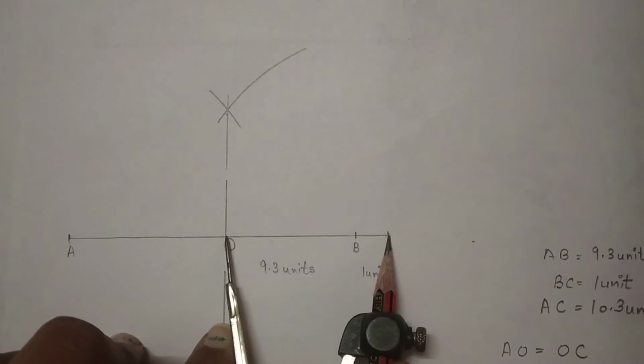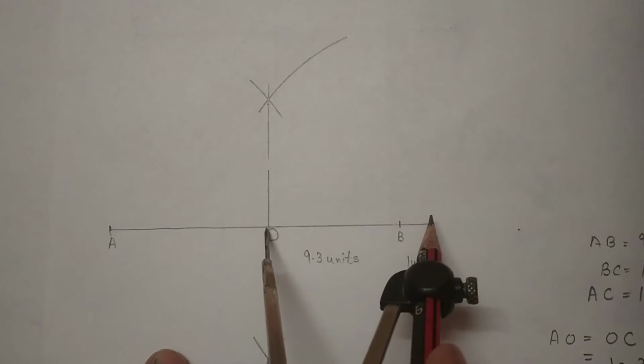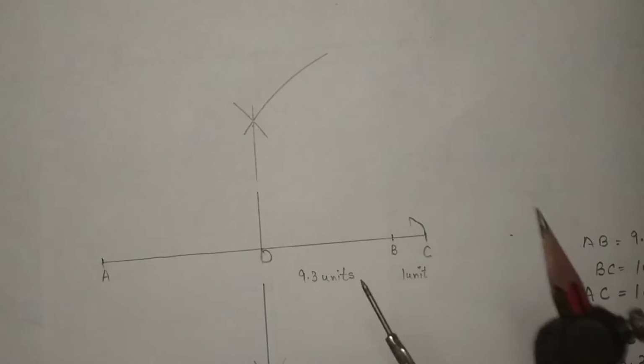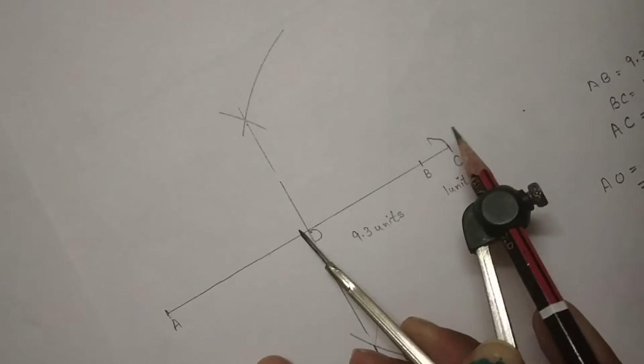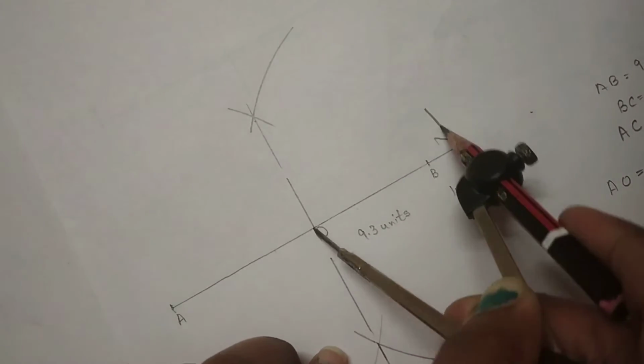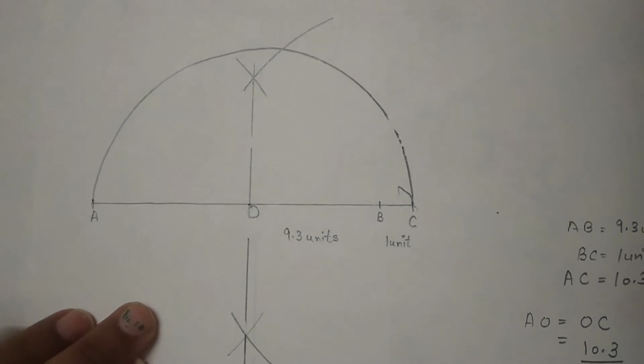This is OC. Right? Now take it and draw a semicircle. Right? I have drawn a semicircle.